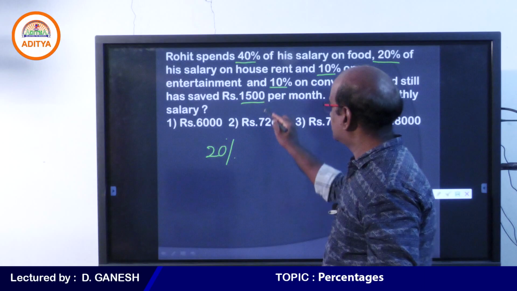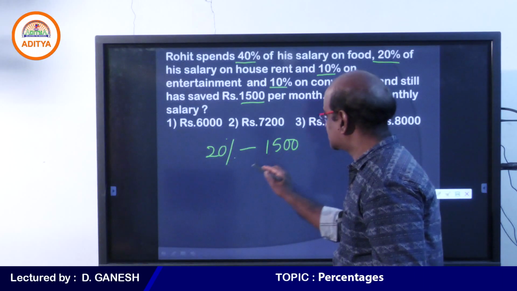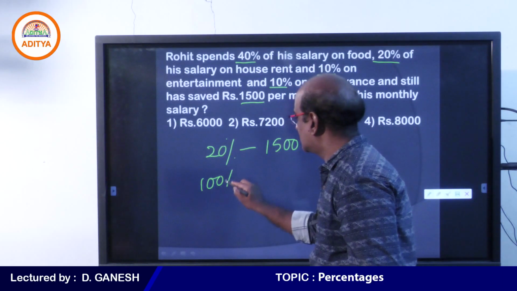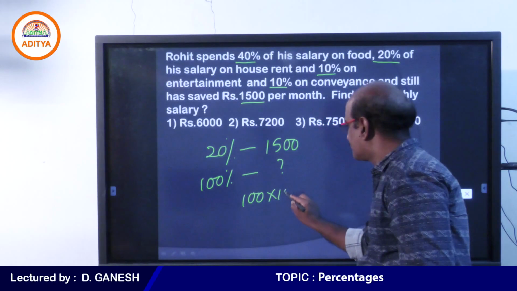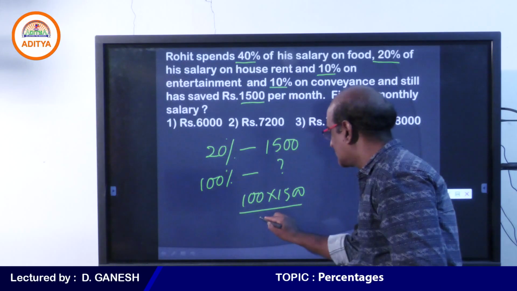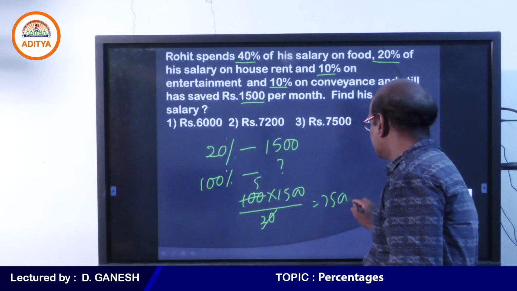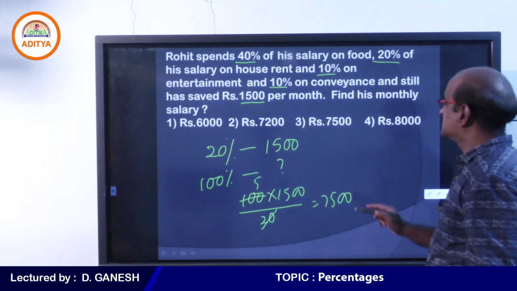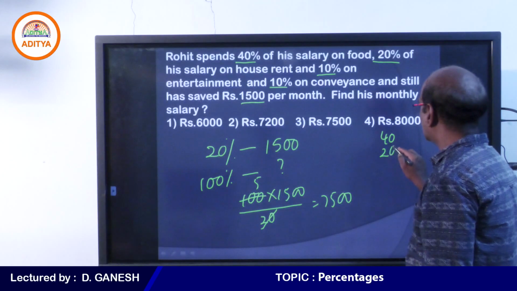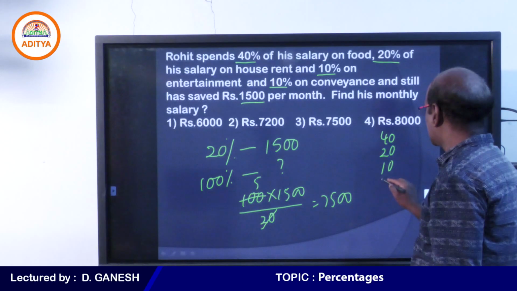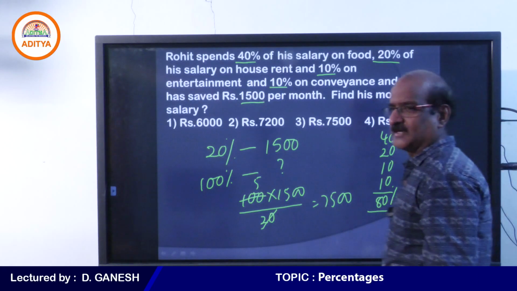And that particular 20% of saving is nothing but 1500. So when 20% is 1500, then 100% is how much? Do you understand what I am doing? First he spent 40% on food, 20% on house rent, 10% on entertainment, 10% on conveyance, which means he has spent 80% of his salary on different heads.